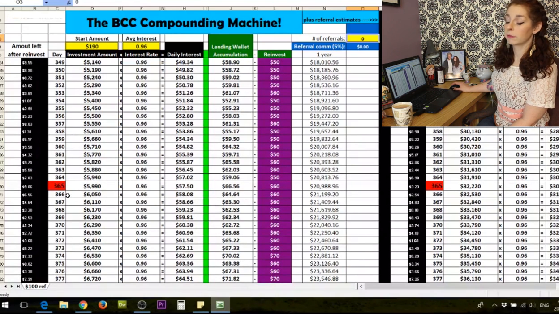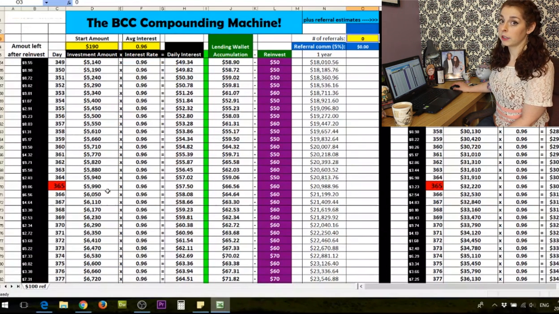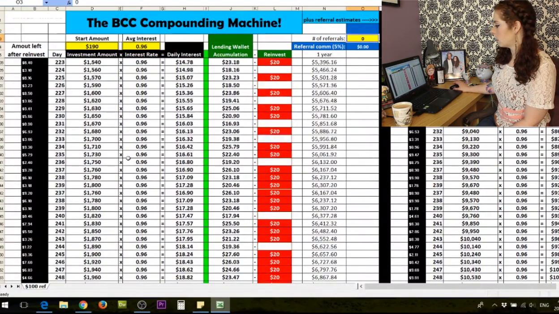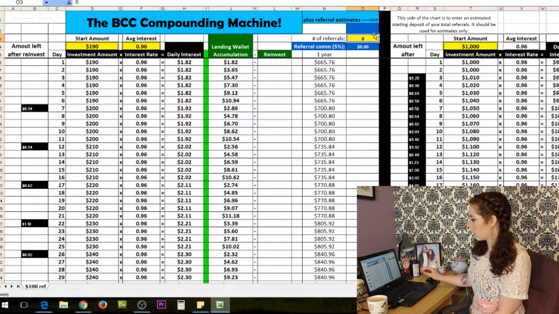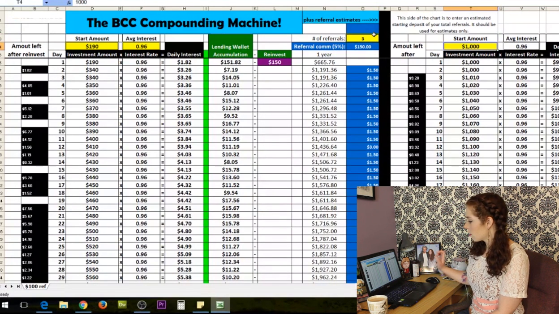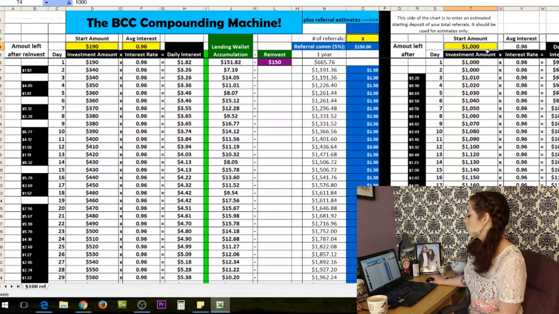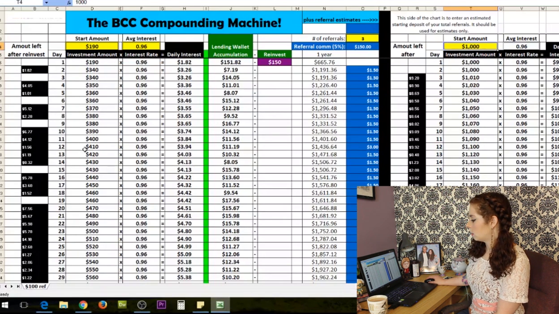And then after a full year, I'll have $5,990, making $57.50 per day. Now let's play around and see what happens if I put in the fact that I currently have 3 referrals, and they are all putting in roughly $1,000. Suddenly, by day 11, I should have had $400.